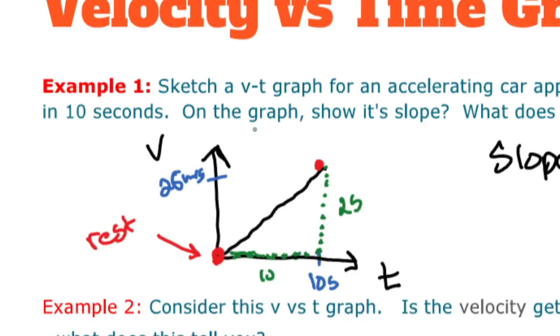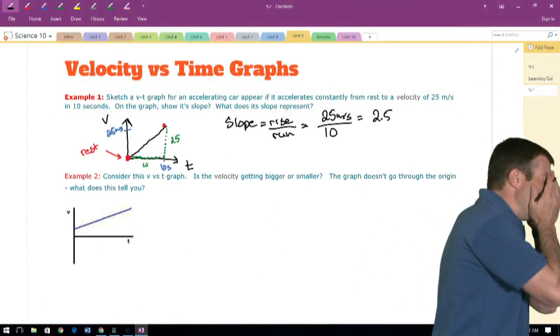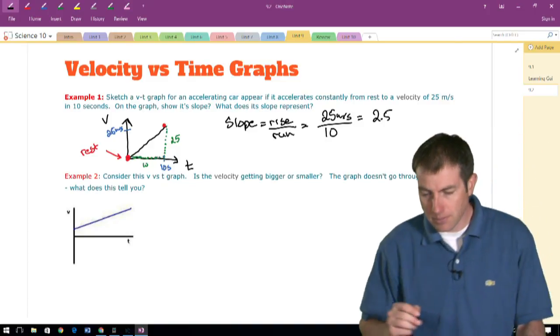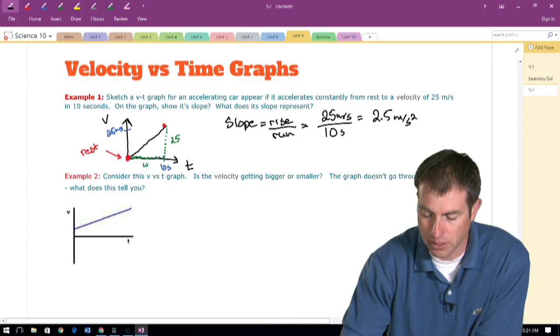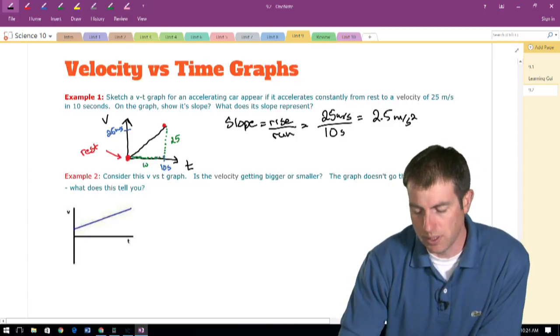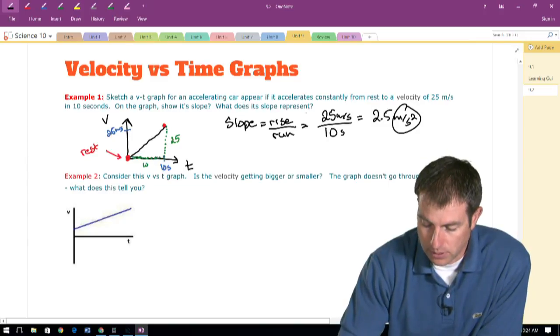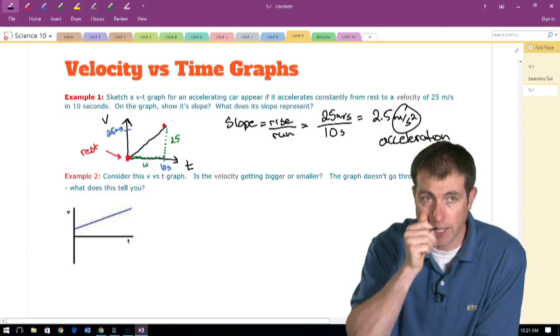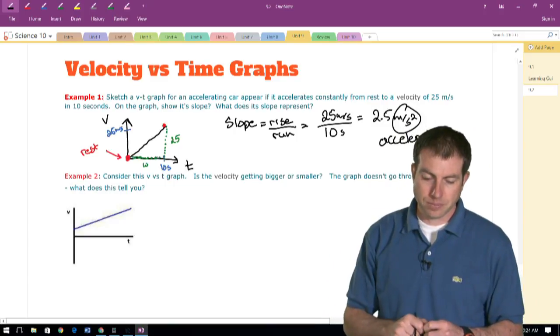This is 25 here. 25 divided by 10 is going to give me 2.5 meters per second squared. What does that slope represent? Meters per second squared should jump out at you as being the acceleration. So that is the acceleration of that object from 0 to 25.